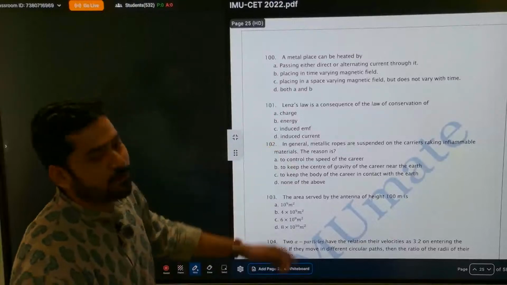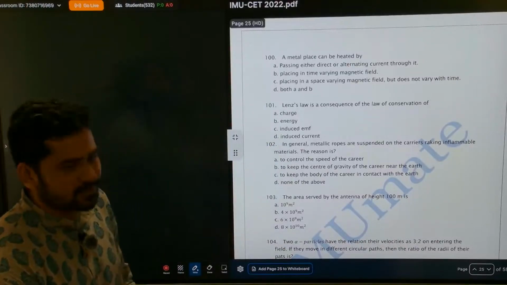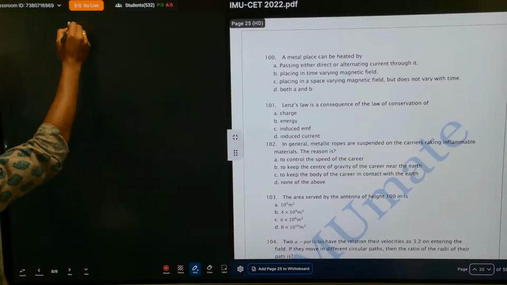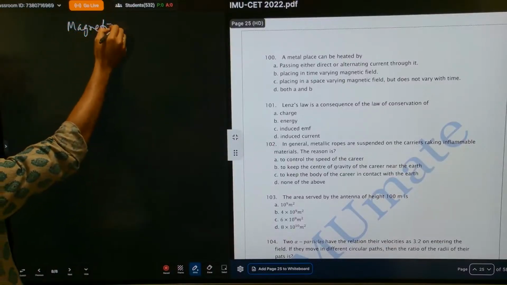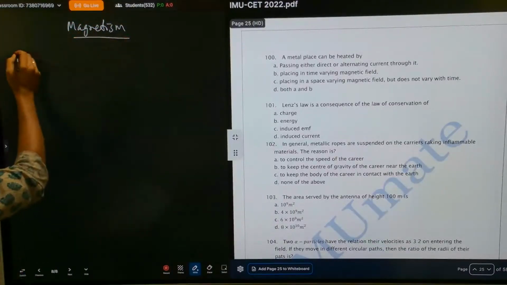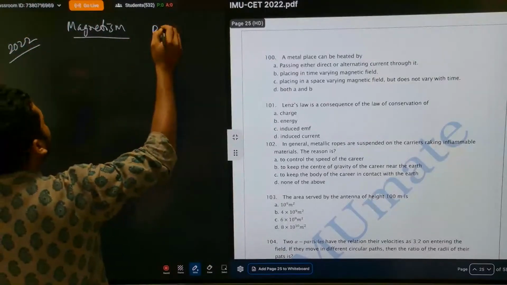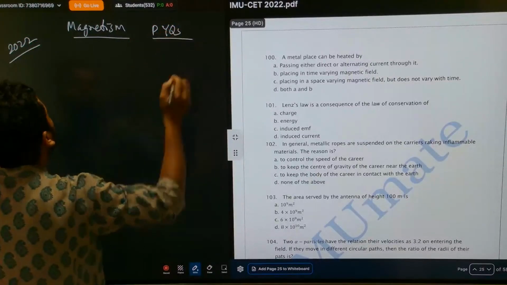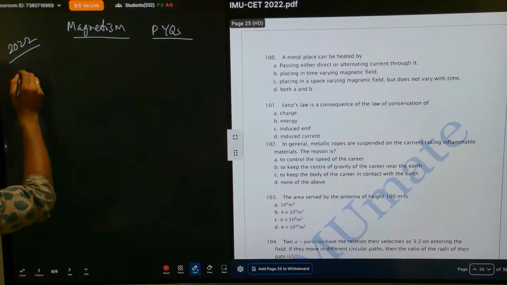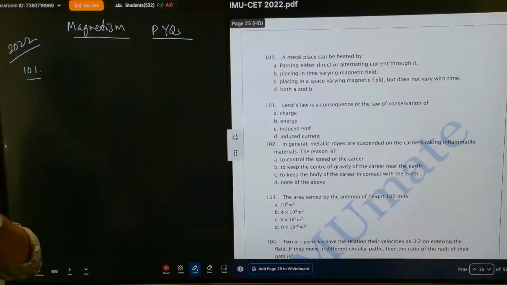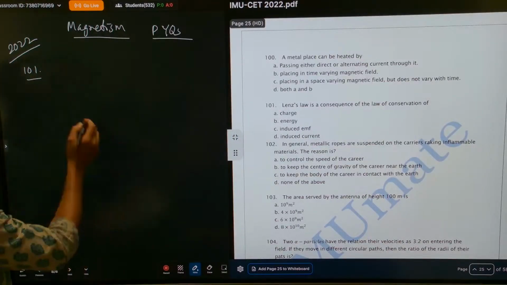Okay, 101. Magnetism. We will just go through certain questions. This is 2022 PYQs. Let's say 101. Lenz's law is a consequence of energy.